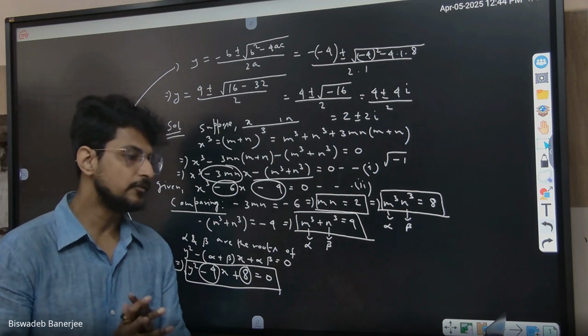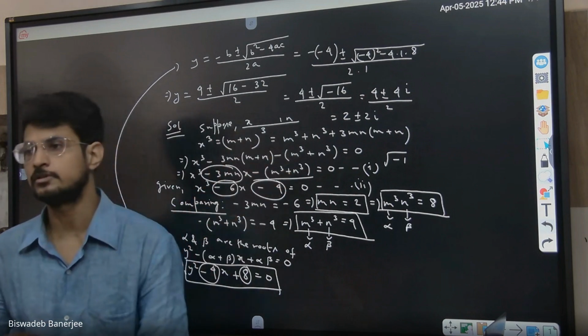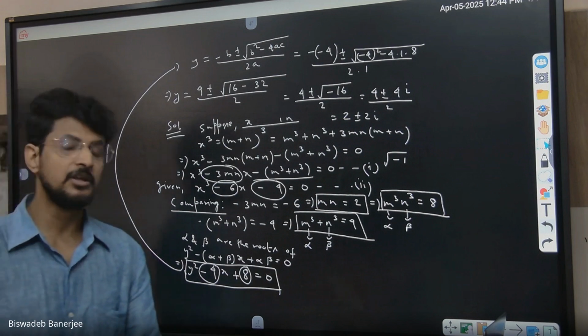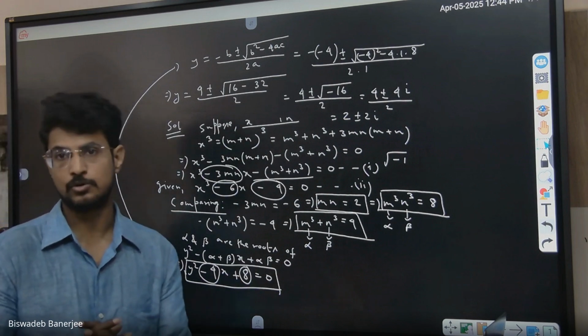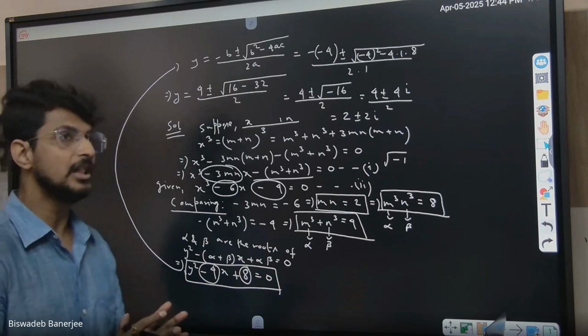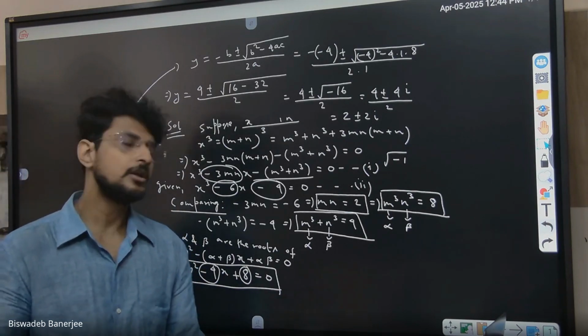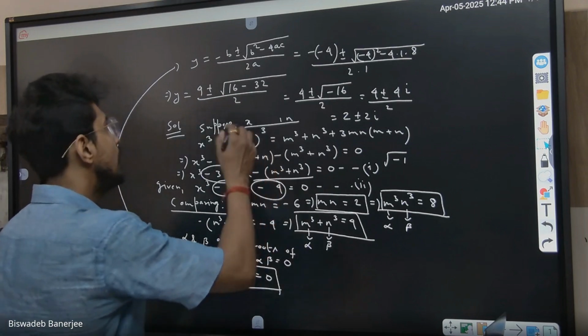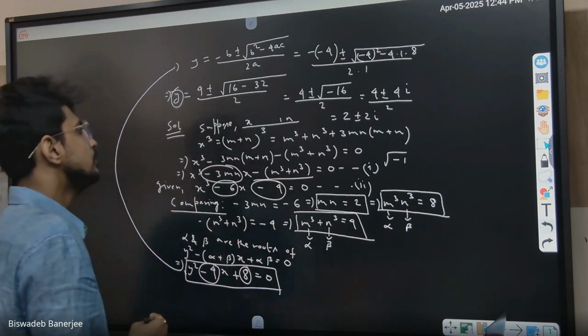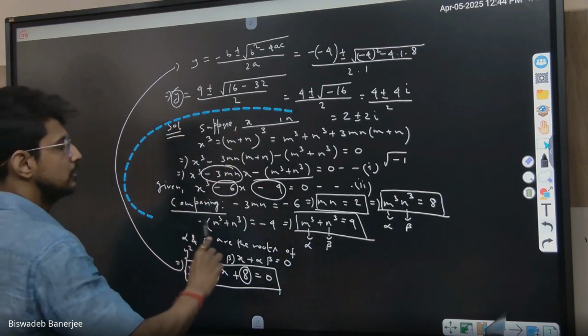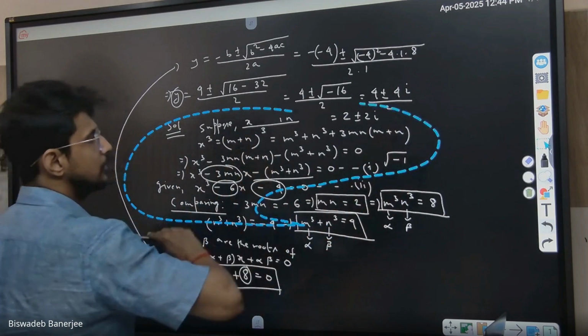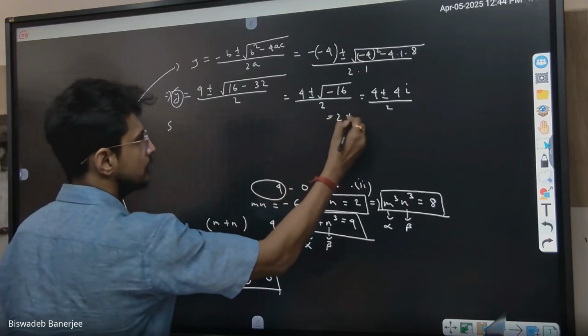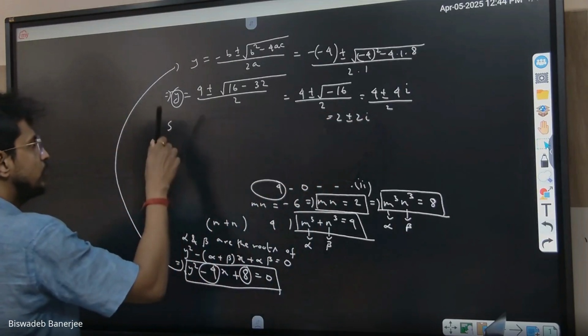This is the difference between the previous question and this question. My roots become complex. These are the varieties in Cardan's method: either our roots can be real, or complex.